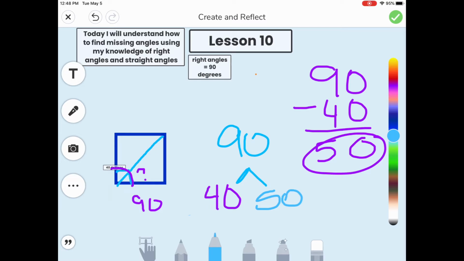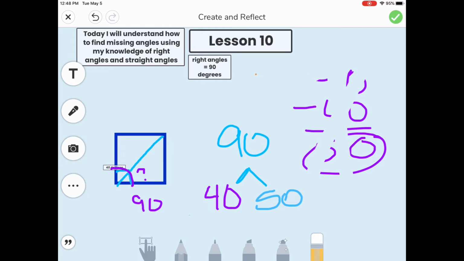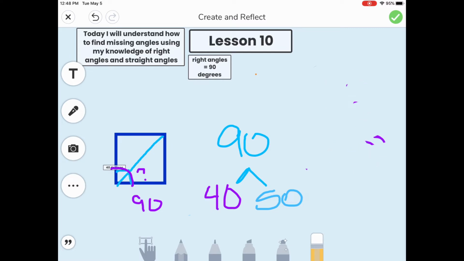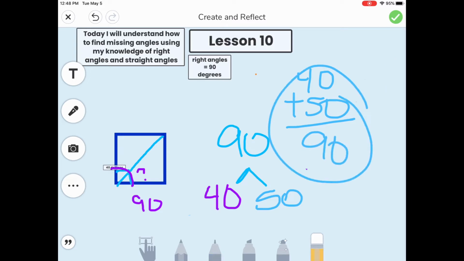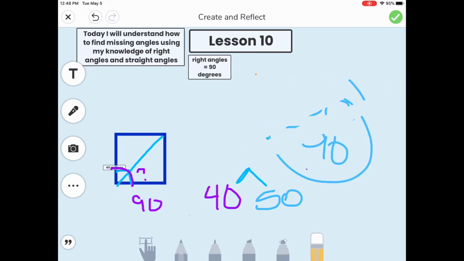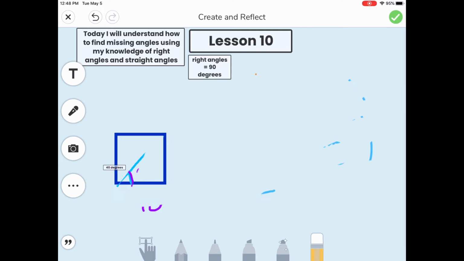We could check this by going 40 plus 50 equals 90. Perfect. Sadly, we're not going to always have this perfect shape.